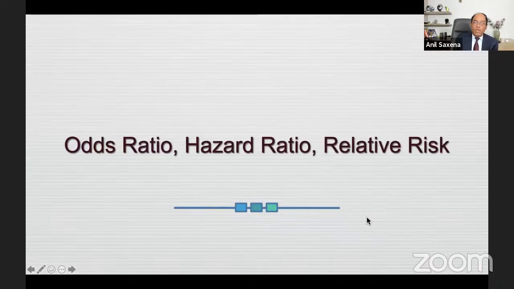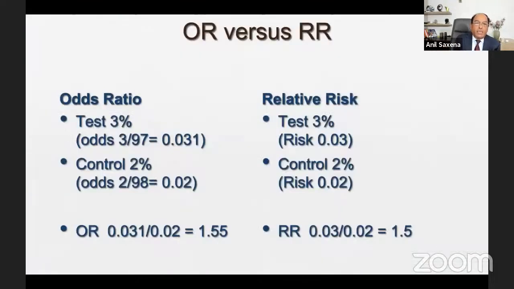Now we come to another important statistical, what you may call semantics, which is odds ratio, hazard ratio, and relative risk. And these are often very confusing, and we must know what exactly they represent. Now, odds ratio basically is when you have some particular event happening versus not happening.